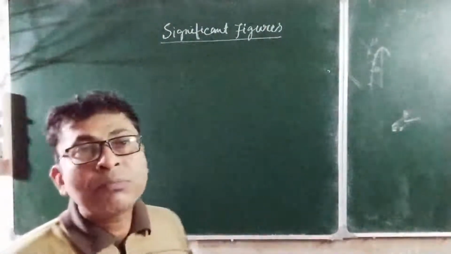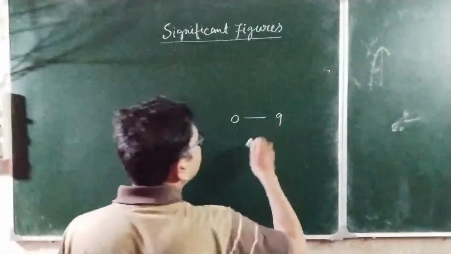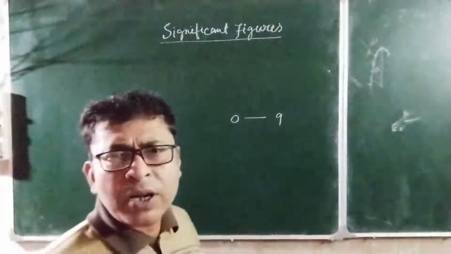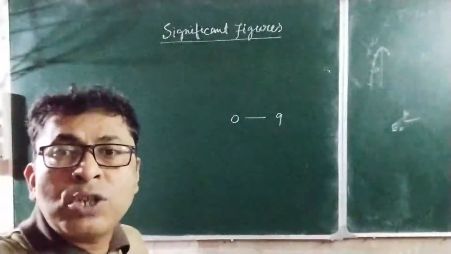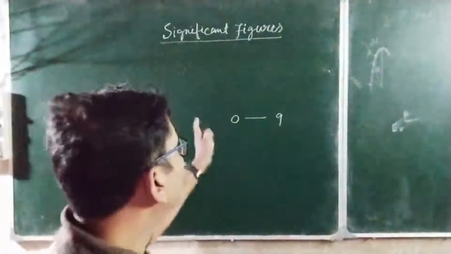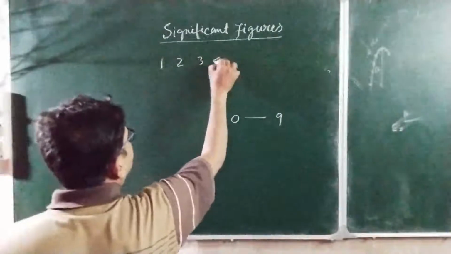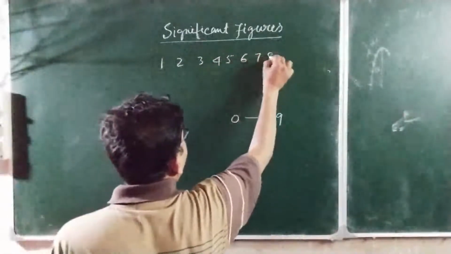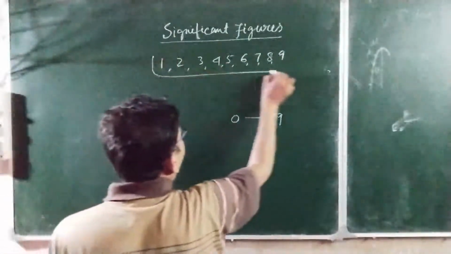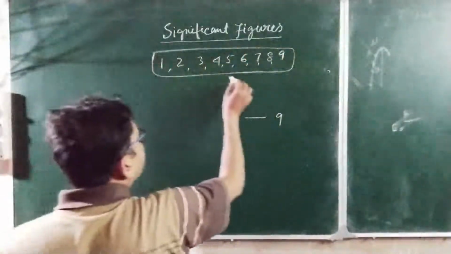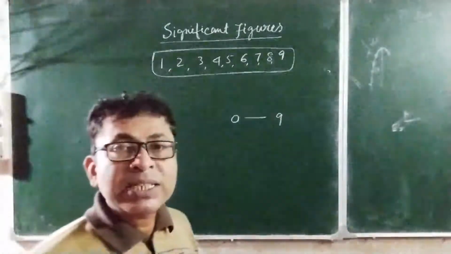Actually, we place the digits 0 to 9 to write down a particular numerical value. But for the non-zero digits, out of 0 to 9, these digits are always significant, always. They may be placed anywhere.